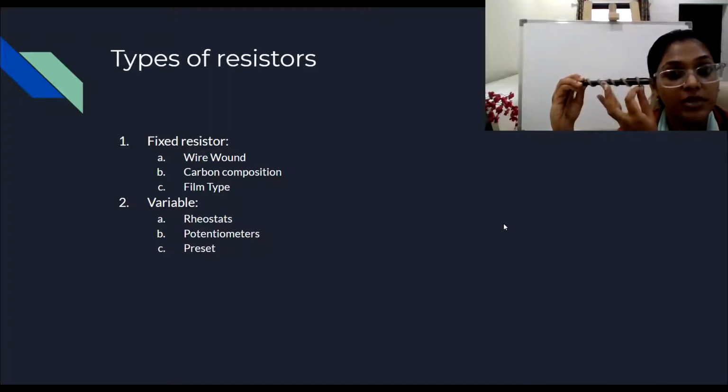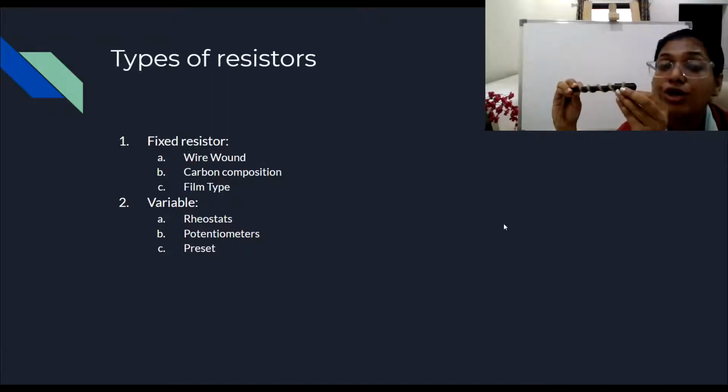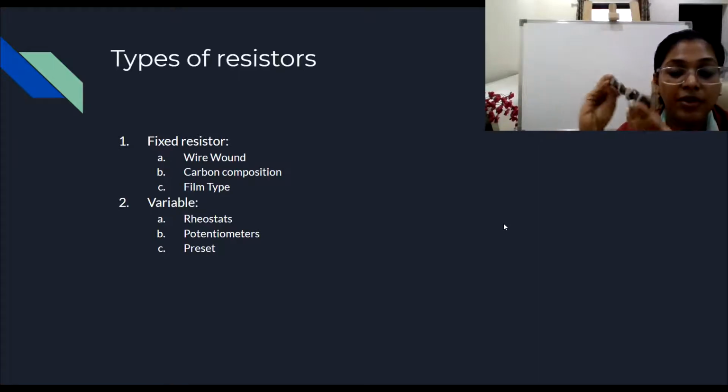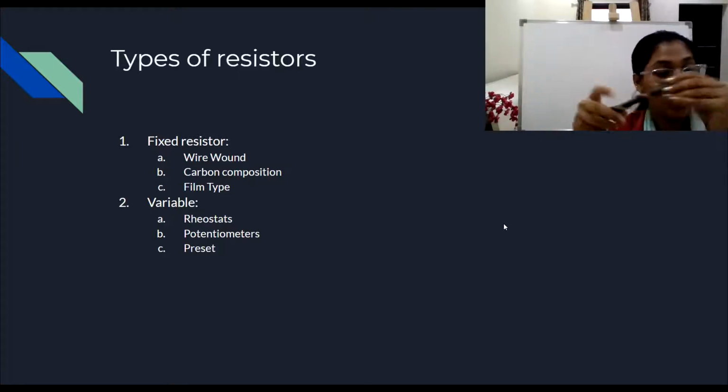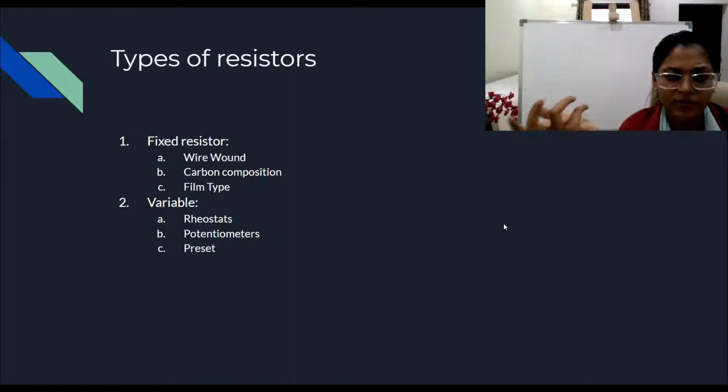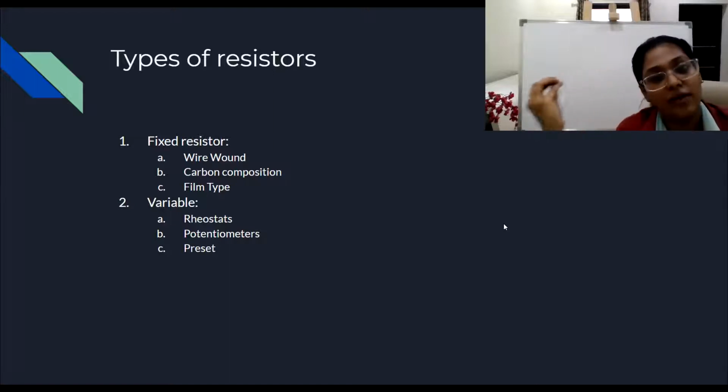I have 5 loops here. This is fixed. This is not variable, that I press it like this and make 2-3 wounds. It's not like that. The number of wounds is fixed on it, and therefore the resistivity remains constant. You cannot change the resistivity because the conducting element is not changing. Hence it is known as a wire wound resistor.